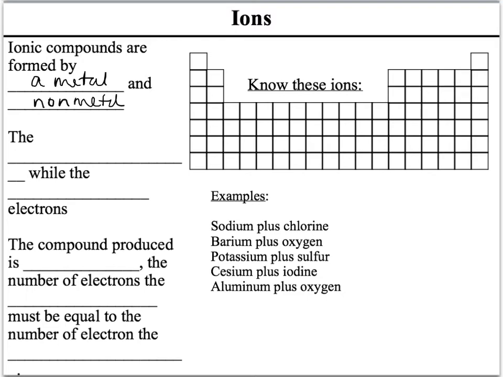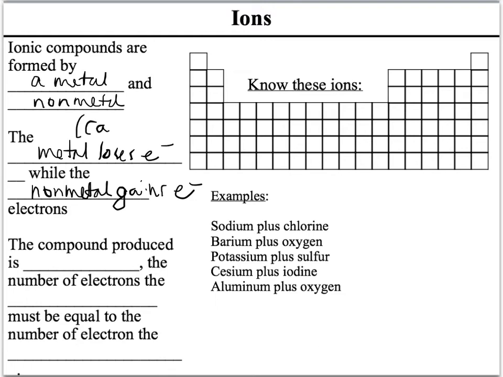What tends to happen is the metal loses electrons and the nonmetal gains electrons. So if we lose electrons, that means we're becoming positive, so the metal tends to be the cation. And the nonmetal tends to be the anion.